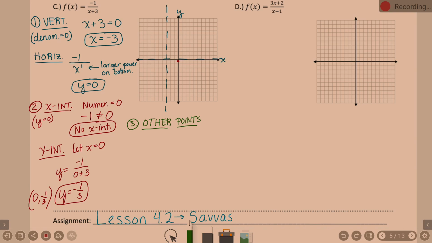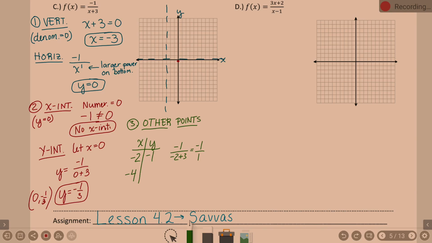-3. Give me a number on either side of -3. -2 and what was it? -4. So -1 over -2 plus 3. -1 over 1, which is -1.